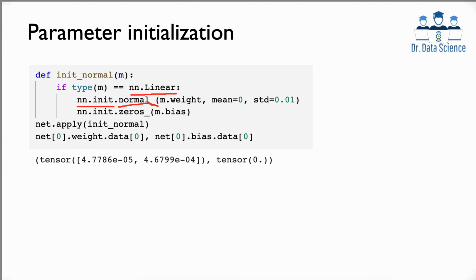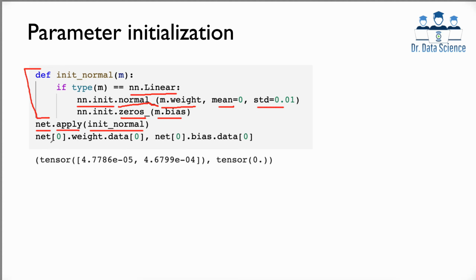So we say nn.init.normal, and we use this for the weight of this layer with mean 0 and a standard deviation 0.01. And then for the bias, it's very common usually to initialize with zeros. And so that's why we use nn.init.zeros. And then we just say what we want to get initialized with 0, which is the bias term, m.bias. So in this way, you define your function, right? And then after that, you use the name of the network that you have, and then .apply, and then you put the function here. So now you can look at the weight and the bias using what we learned, right?